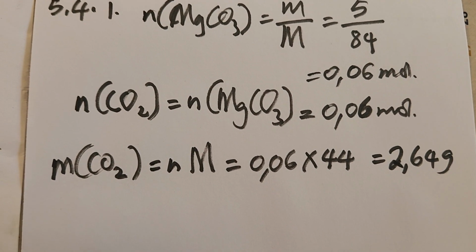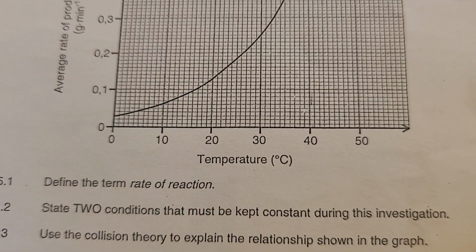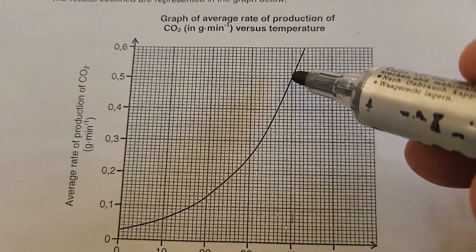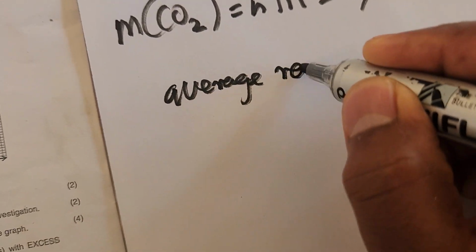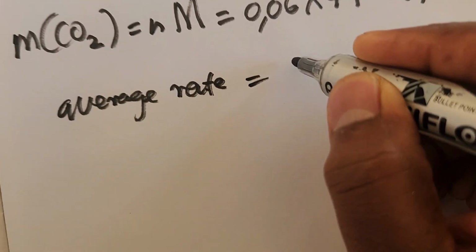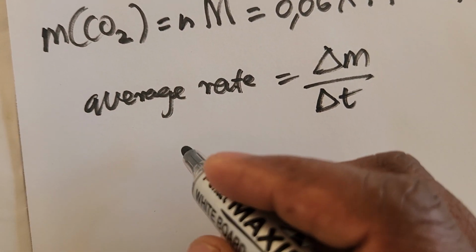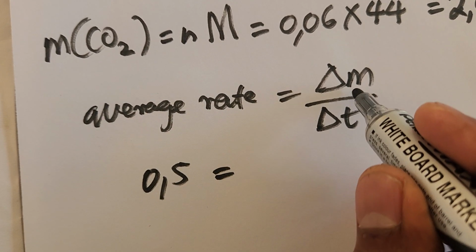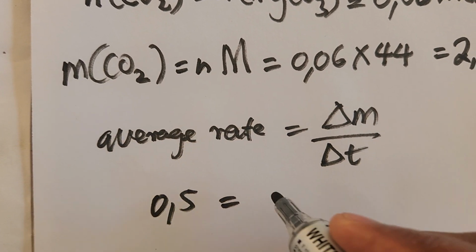Now we can go back to the rate at 40. According to the graph, at 40 the average rate will be 0.5. The average rate is delta M over delta T. The average rate is 0.5 according to the graph. The change in mass of carbon dioxide, remember we started with 0 and we finish with 2.64.